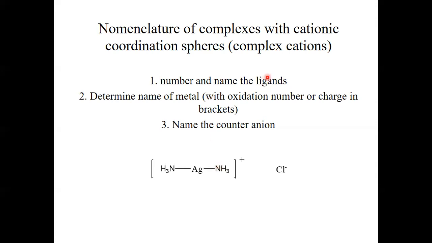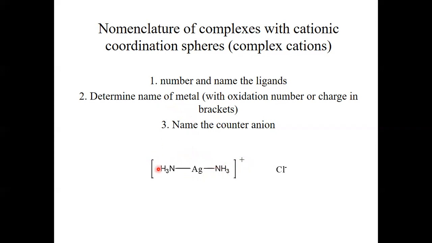So how many of these ligands will there be? Well, there are 2. So it's a diamine. Next we have to name the metal. So this is silver. Then we need to state the oxidation number. You see that we have here a 1+ charge, it's a complex cation.